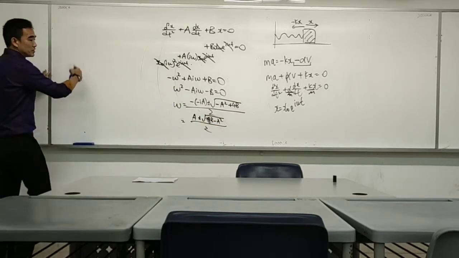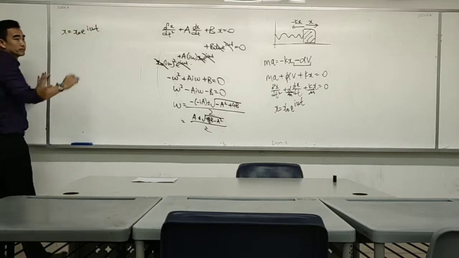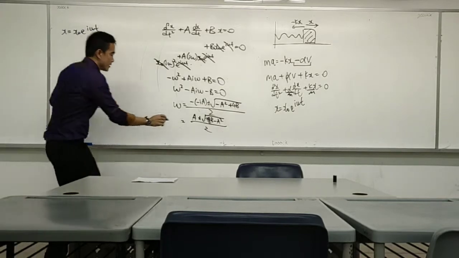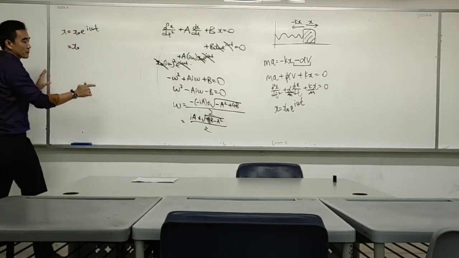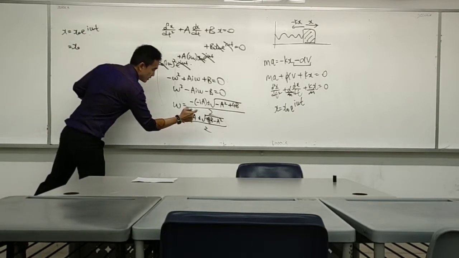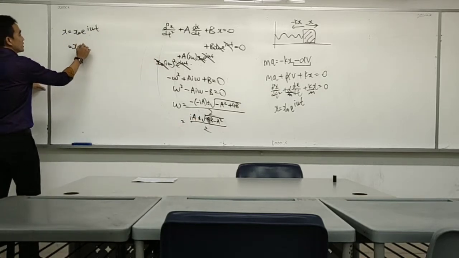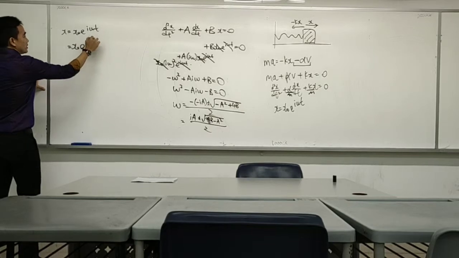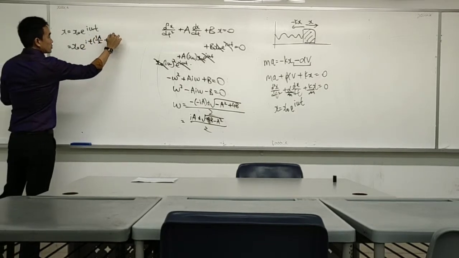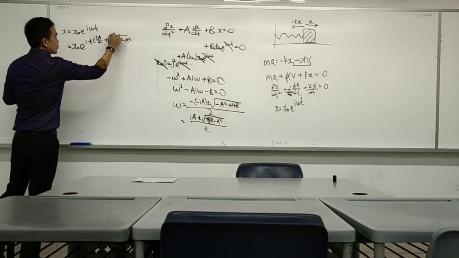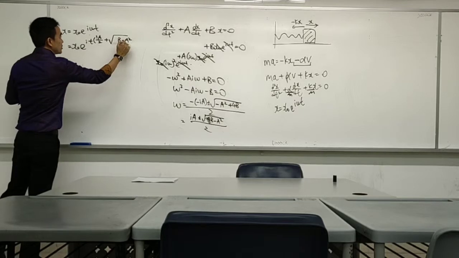Now if I plug this back in, it will be x equals x naught e to the i t times i a upon 2 plus the square root of 4b minus a squared upon 2.